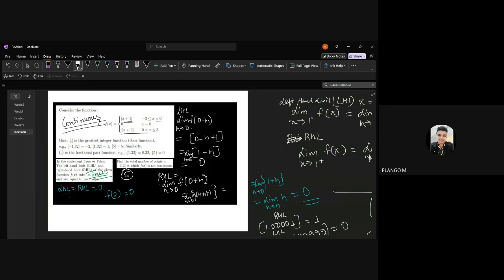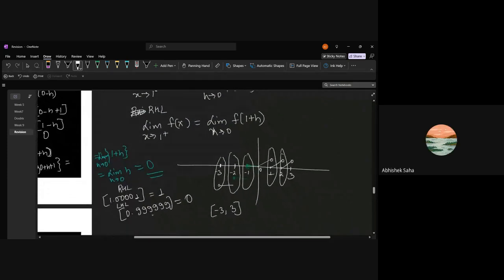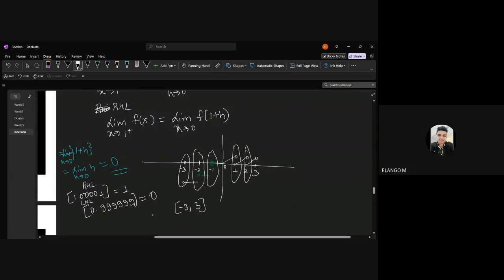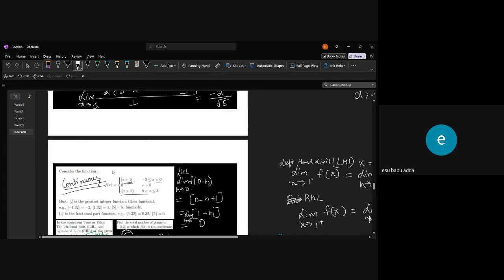Can you show the graph? So one more step has to be there, right? x is less than or equal to 3. Yeah, correct. See here, what this question says. Total 6 points, right?